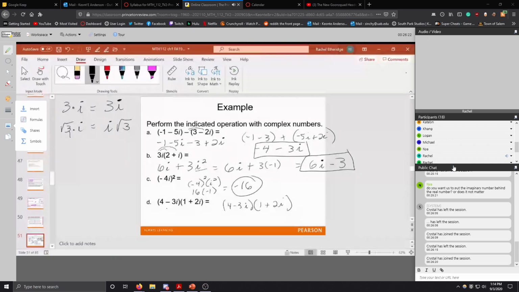Because I3 looks weird. And I guess in a way, I times the square root of 3 looks weird too, but sometimes people will let that I slide under that radical and make it look like the square root of 3I, and that doesn't ever make sense. So that's why we put the I in front of a radical so it doesn't accidentally slide under that radical when we write it.